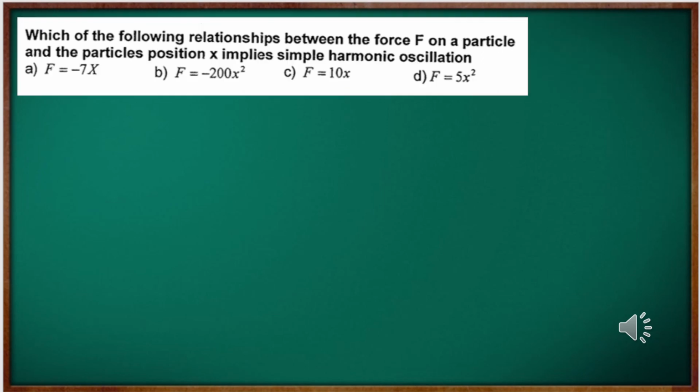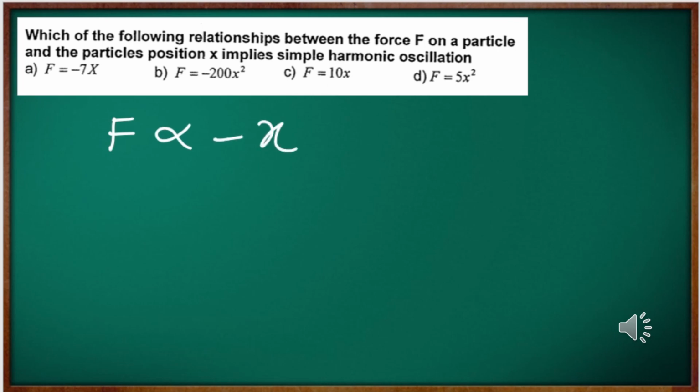Moving on to the next question. Which of the following relationships between the force F on a particle and the particle's position x implies simple harmonic motion? From the previous question's discussion, we know that simple harmonic motion is an oscillatory motion where restoring force is directly proportional to the displacement.